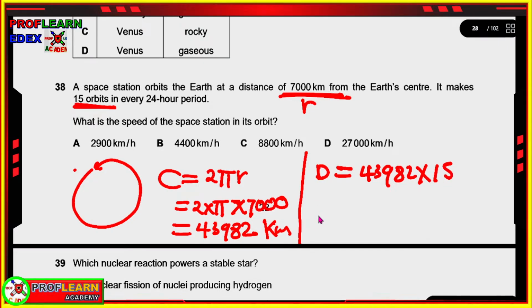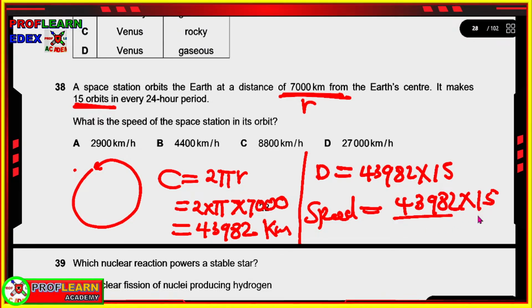If we want speed, we are going to say 43,982 times 15, then we divide by 24, because we were told every period. So that's going to be times 15 divided by 24.